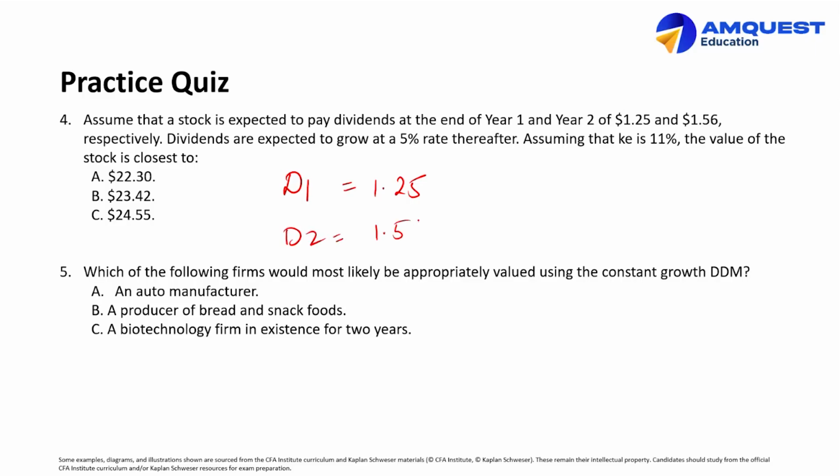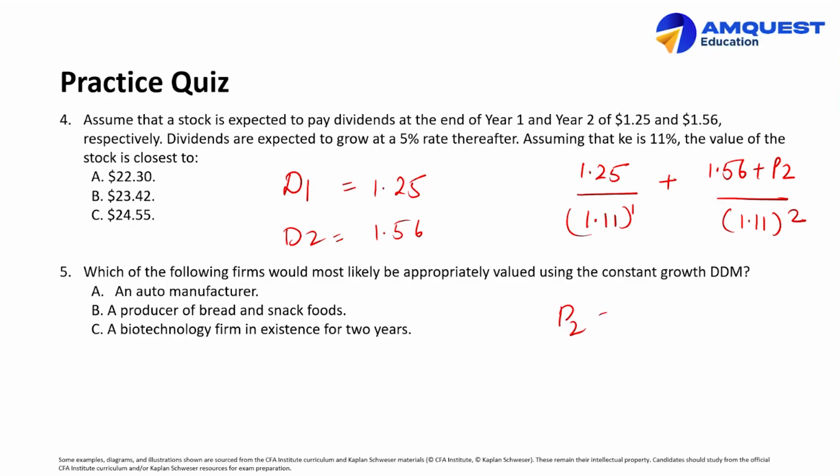If I write the model, it's going to be 1.25 divided by 1.11 raised to 1, plus D2, 1.56. I also need P2, and I'll divide this by 1.11 raised to 2.